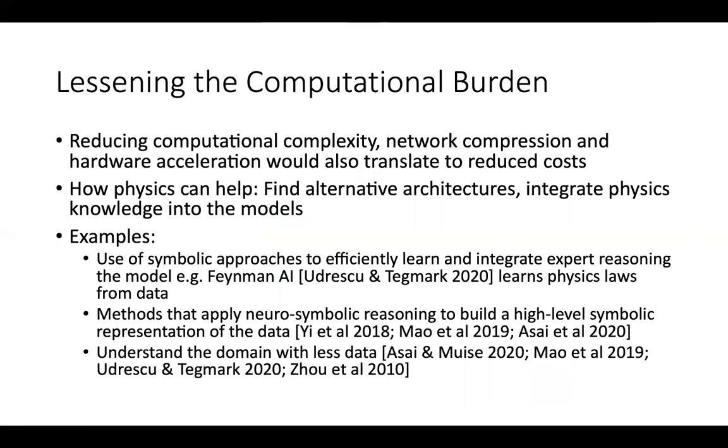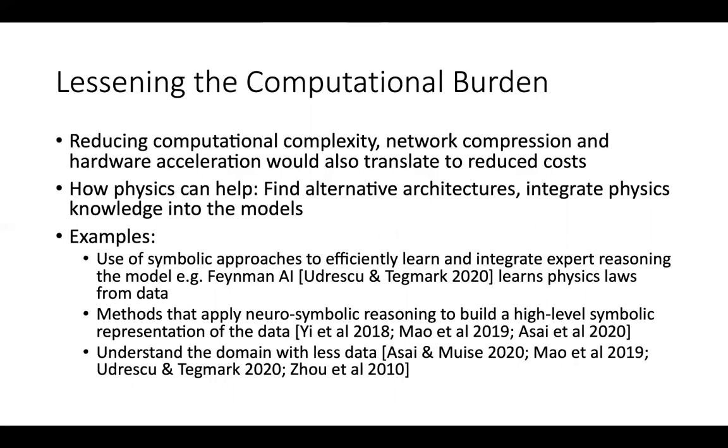Okay, so now putting some of these things together, what is going on? Ideally what we want in a real world setting is to be in a scenario where we have reduced the computational complexity and have models which generalize better.